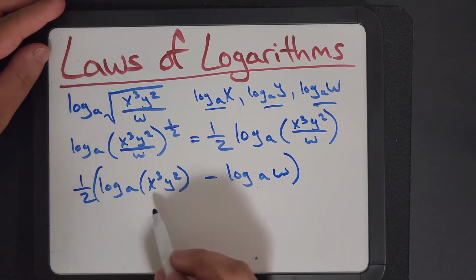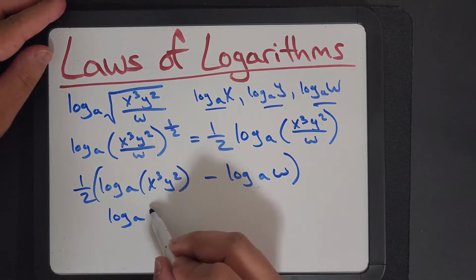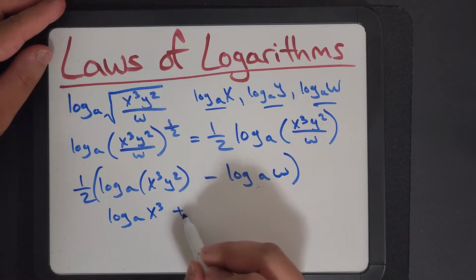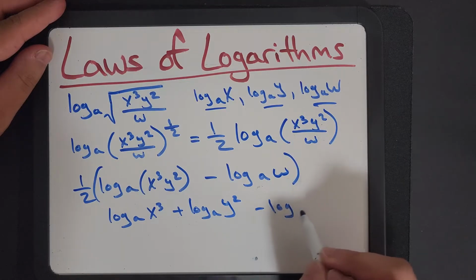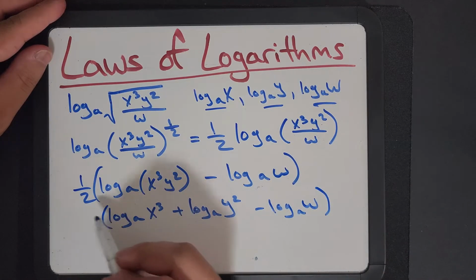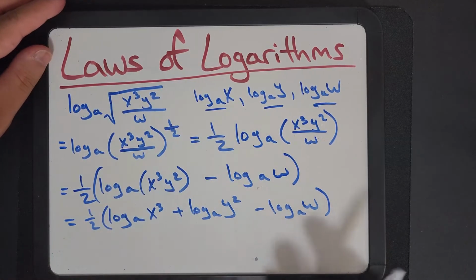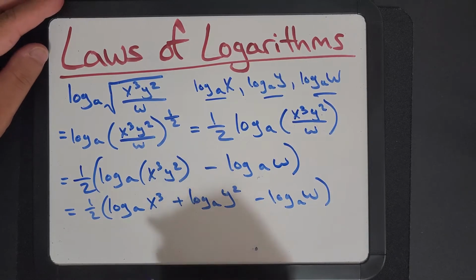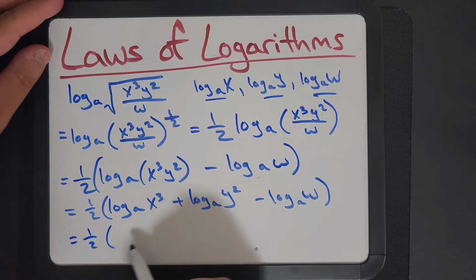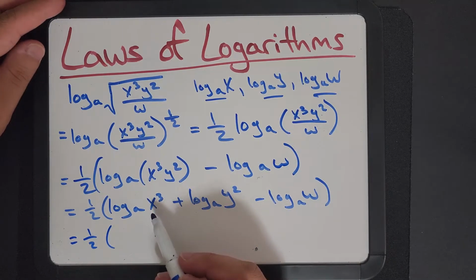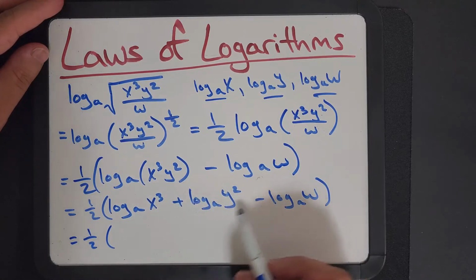And then we have this multiplication. You remember our multiplication, we can change this to a sum. And now down here, if I have space, I can bring out 1 over 2. Remember our power rule for each one of these.